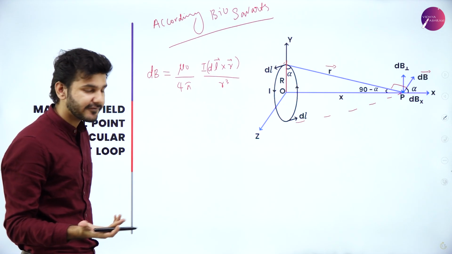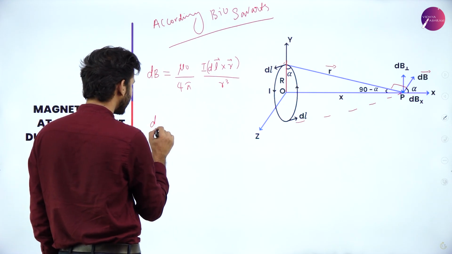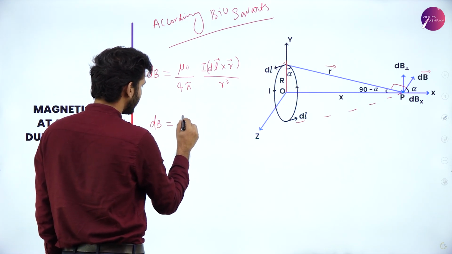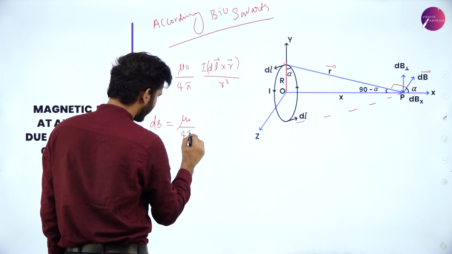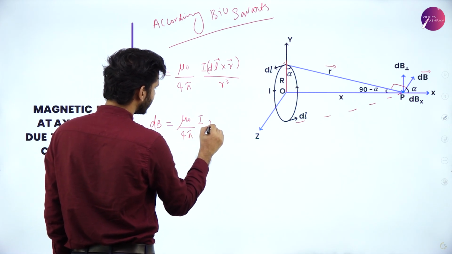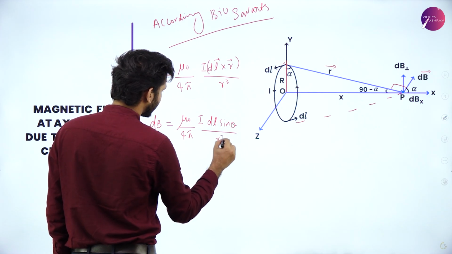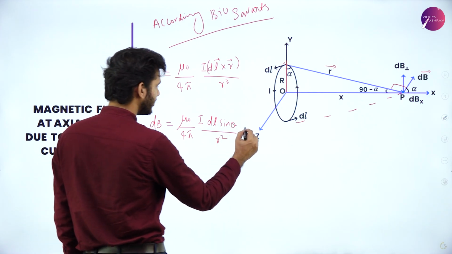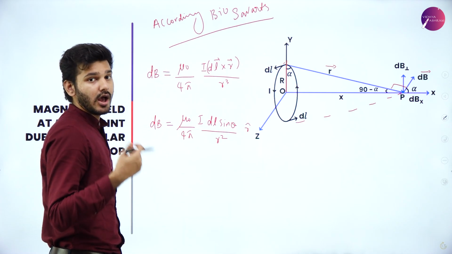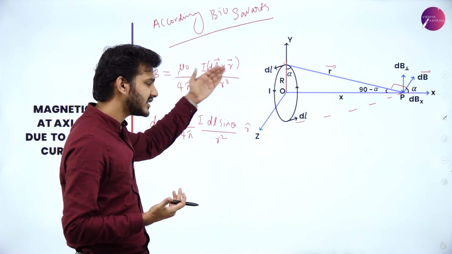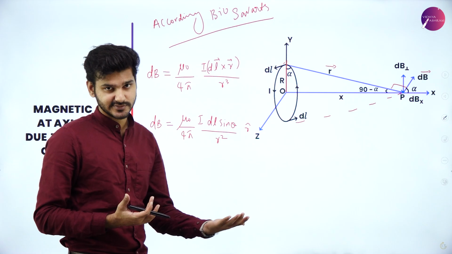That is the vector form, or we can also write it in the scalar form as mu naught by 4 pi, I dl sine theta divided by r square. If you want, you can put an r cap here also. But we know this is the vector and this is the scalar term.